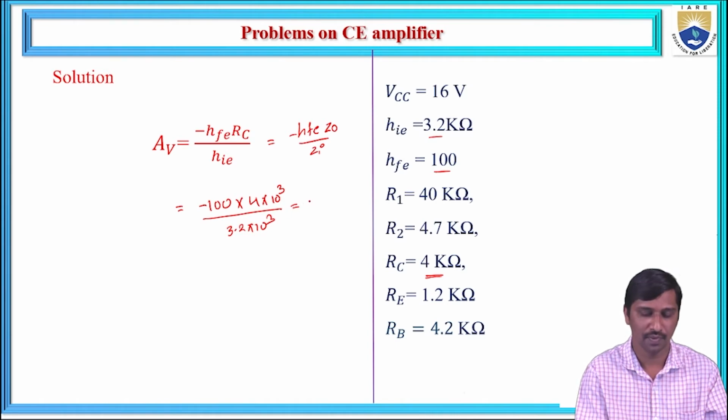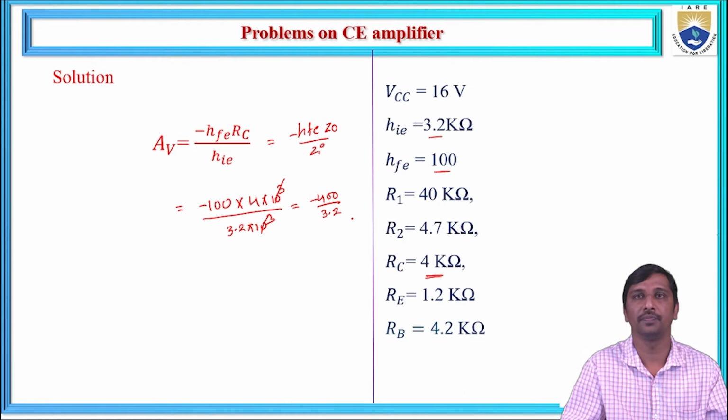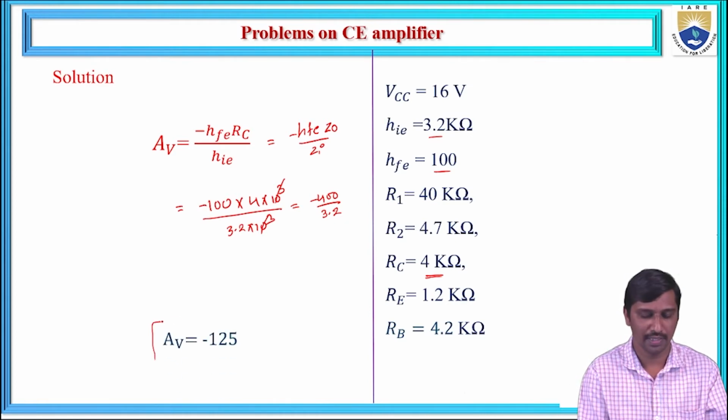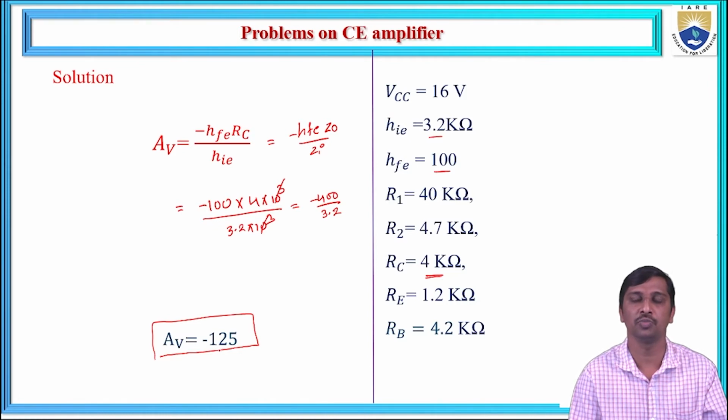This is minus 400 by 3.2, where the 10 power 3 gets cancelled. If you solve this ratio, it gives the voltage gain as minus 125, where the negative sign indicates that in a common emitter amplifier, the output has a 180 degree phase shift with respect to the input signal.